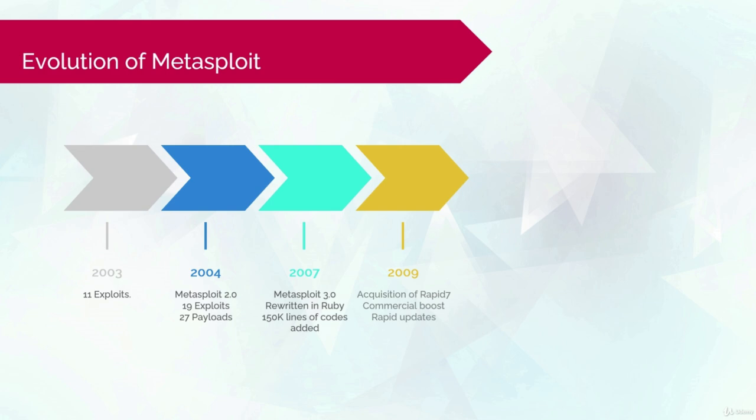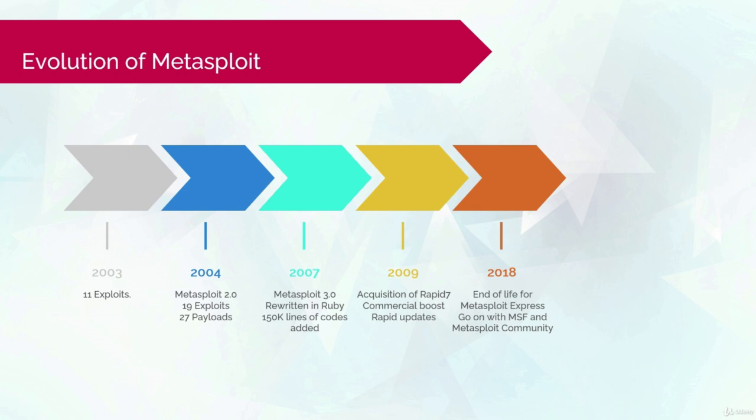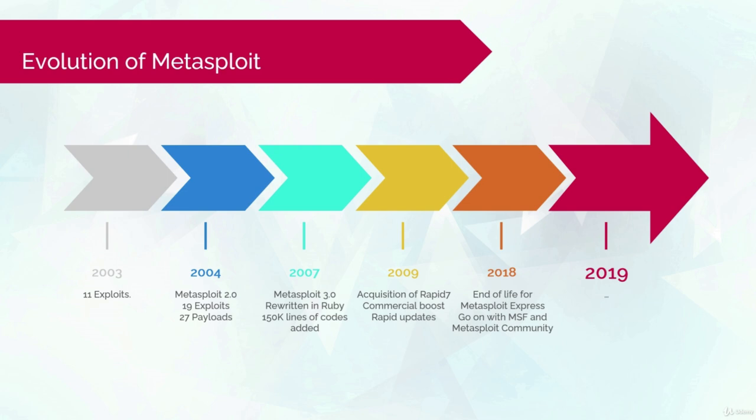Metasploit Express was a lighter version of the Metasploit Pro. But for this version, Rapid7 announced the end of life on June 4th, 2018. So the team will focus on Metasploit Pro by adding new features such as collaboration, group penetration testing, and so much more.